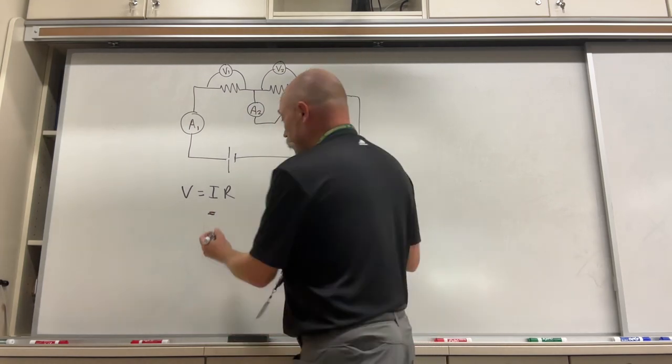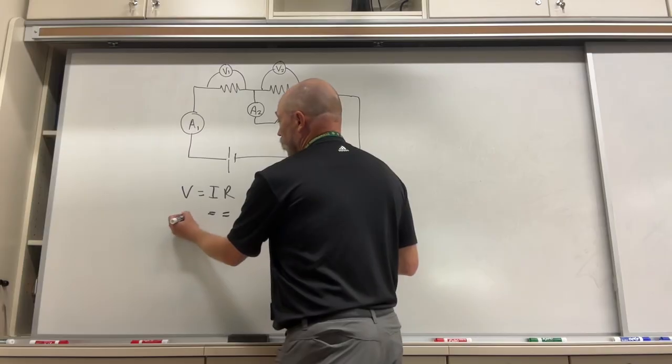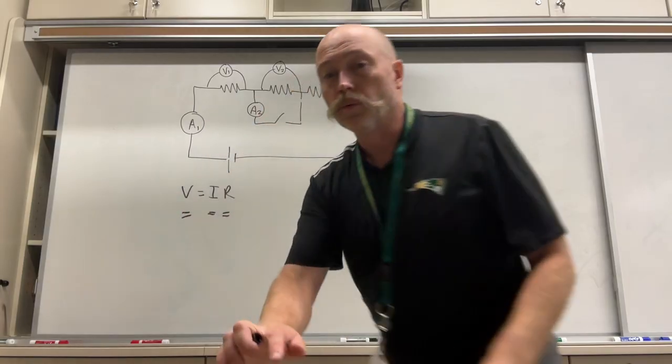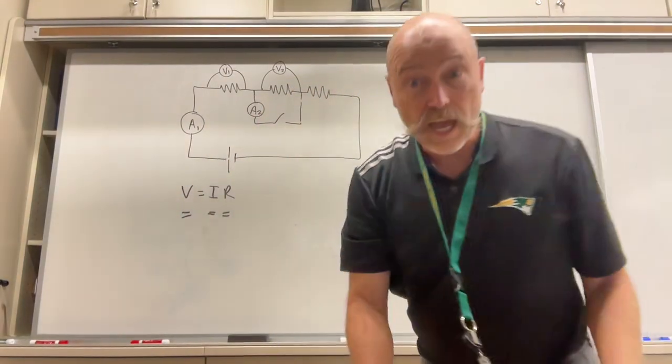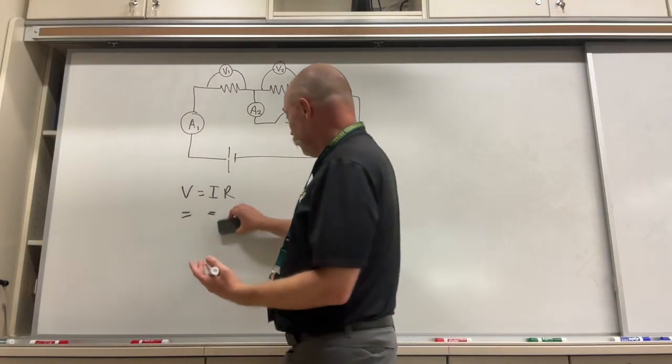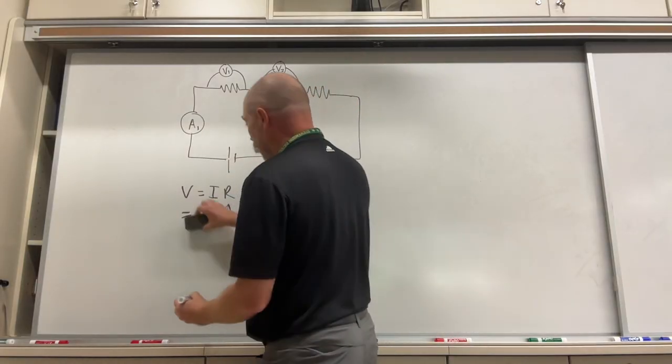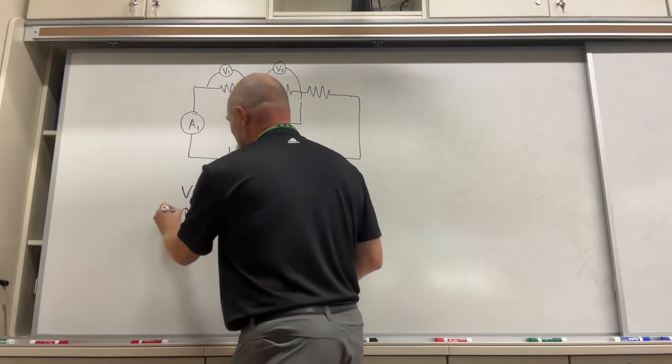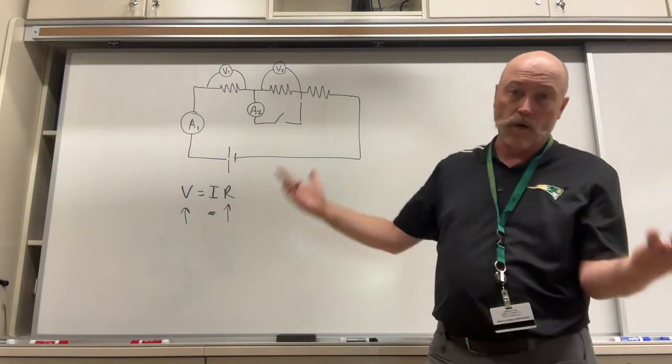If the resistors are the same, then both V1 and V2 would read the same. If they're not the same, whichever resistor is bigger would have a bigger voltage across it. Hopefully that makes sense.